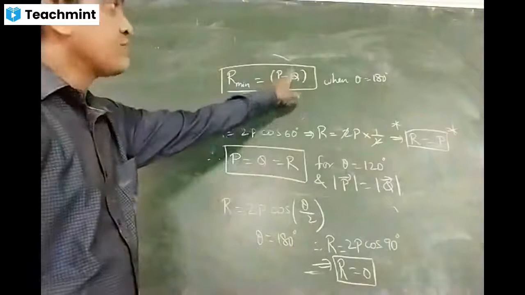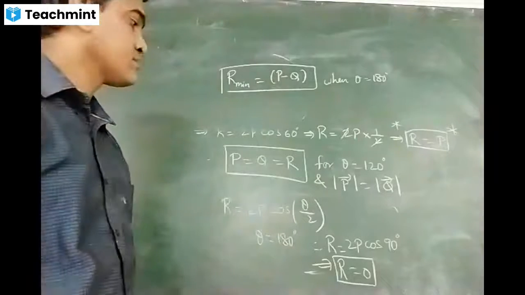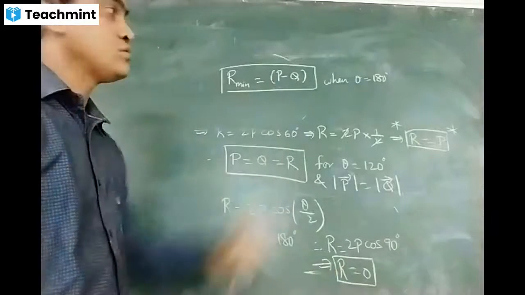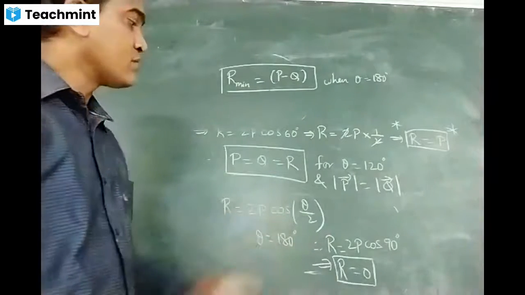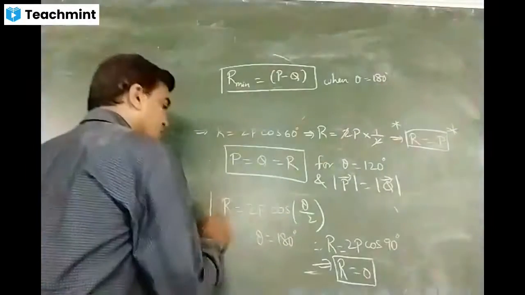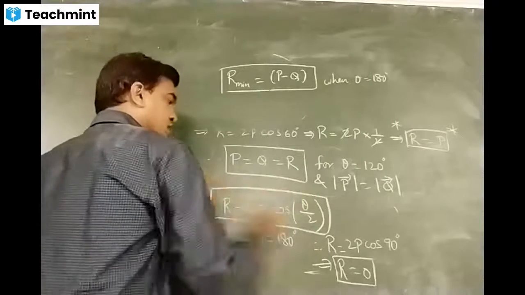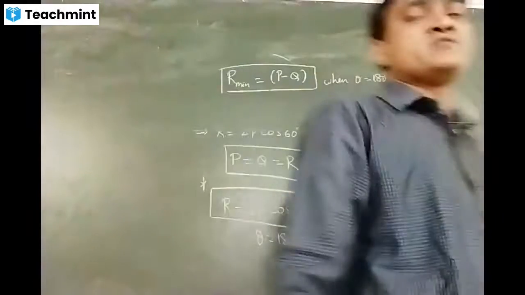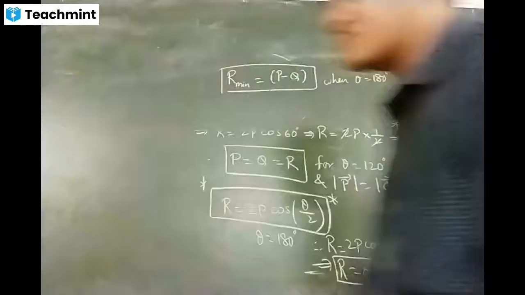When they are the same, if Q is equal to P, then what will you get? P minus P is 0. This is the case, so the general formula is very important. This is applicable for all angles when the vectors have the same magnitude. Very important formula: R is equal to 2P cos(theta/2).